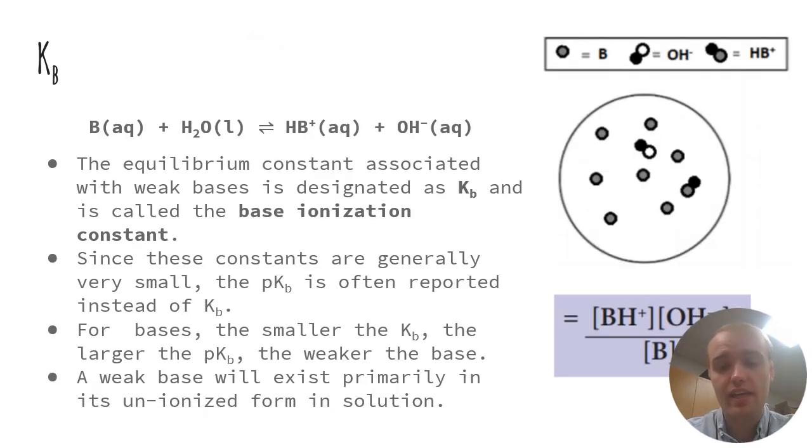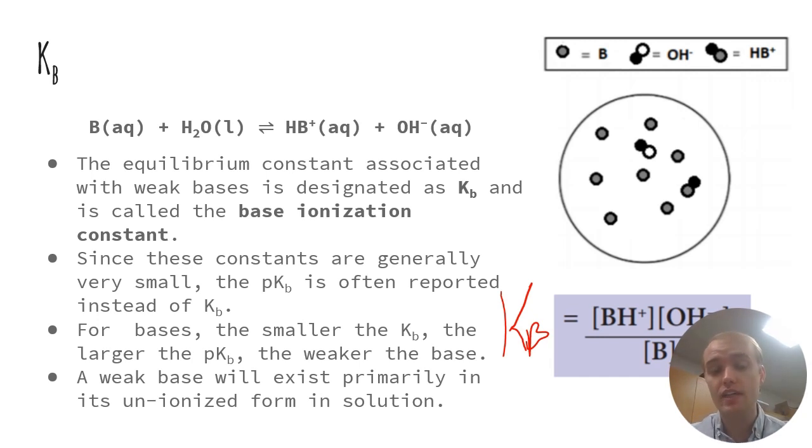Just like Ka, there is also such a thing as a Kb. Okay, my head's not covering it up as much, so you can kind of see the Kb expression that I have down here. It works the exact same way as a Ka. It's just that instead of being an acid dissociation constant or an acid ionization constant, it is a base ionization constant.